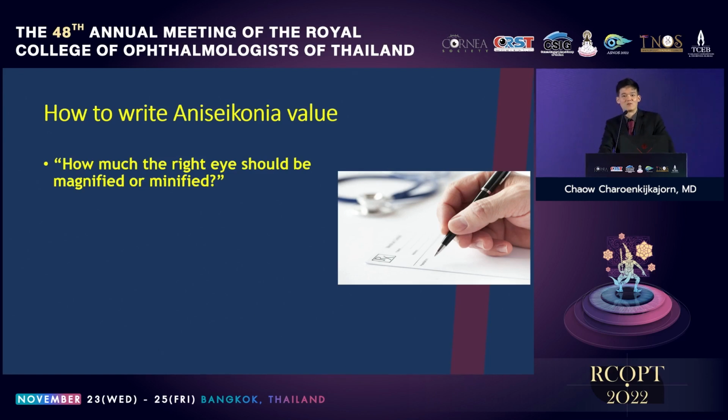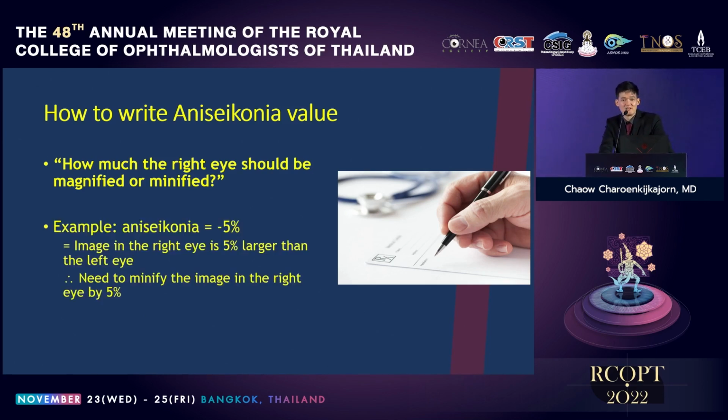So we're going to write only the value of the right eye. And we're going to write what we're going to use to make the aniseikonia disappear for the right eye. So for example, if the right eye sees things 5% larger than the left eye, we're going to write that as -5% aniseikonia because we need -5% in the right eye in order to make aniseikonia disappear.